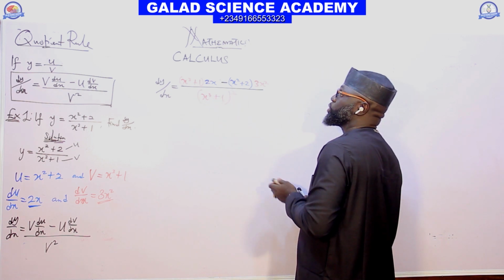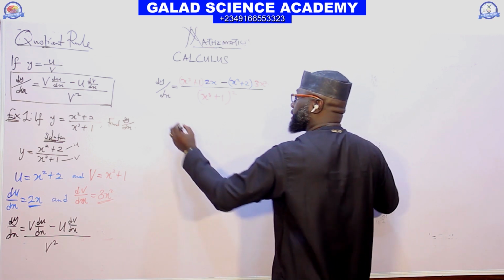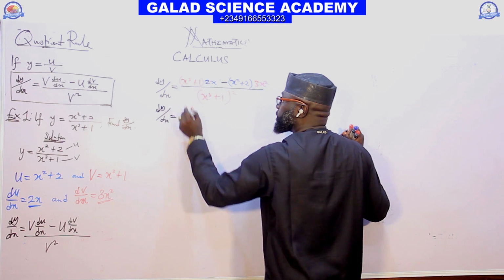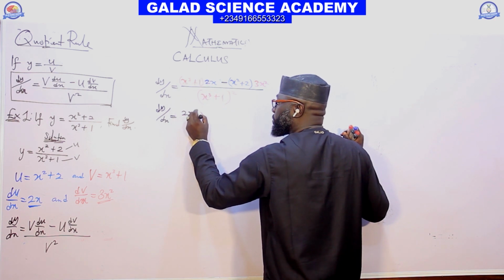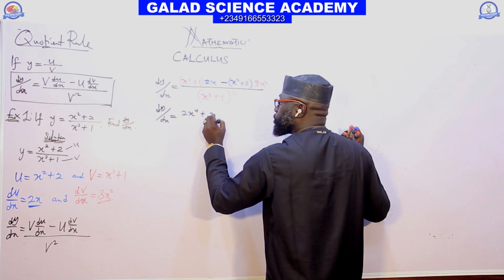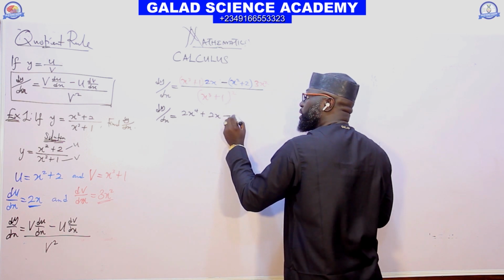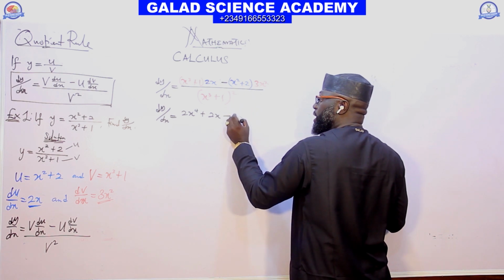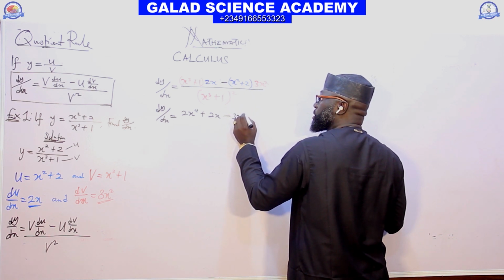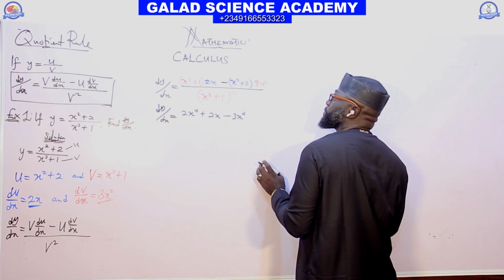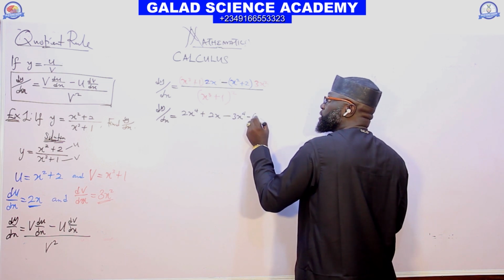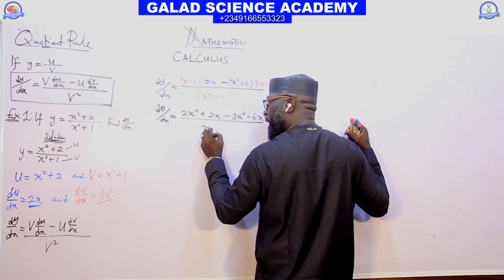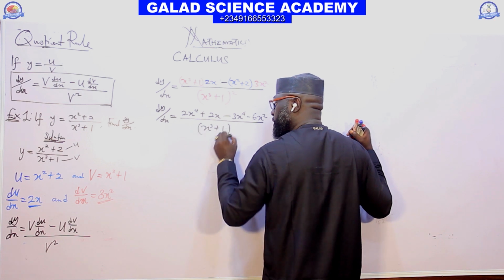So the next thing now is we can expand to have dy/dx to be 2 times this, 2x raised to the power 4 plus 2x. Here we have minus 3 times this equals 3x raised to the power 4 minus 6x squared, everything over x cubed plus 1 squared.